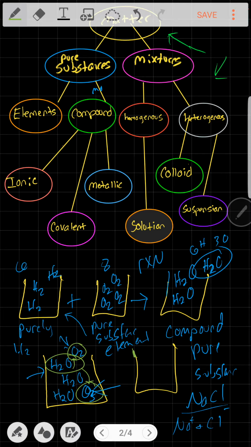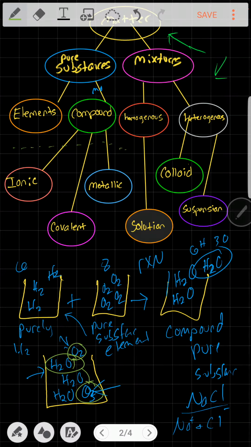Well, we actually won't use this last one. I think we kind of got the point here that this is the difference between a pure substance and a mixture. And in pure substances, I have an element and a compound. And then in mixtures, there are two different kinds of mixtures that we see here. So this is where we've gotten to in class so far, discussing element and compound, and then we discuss mixtures.